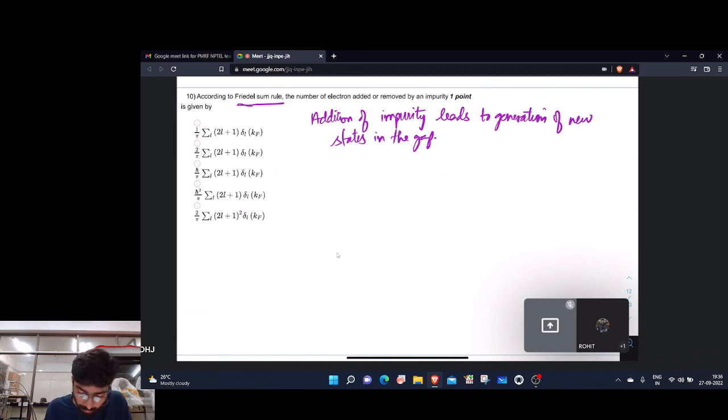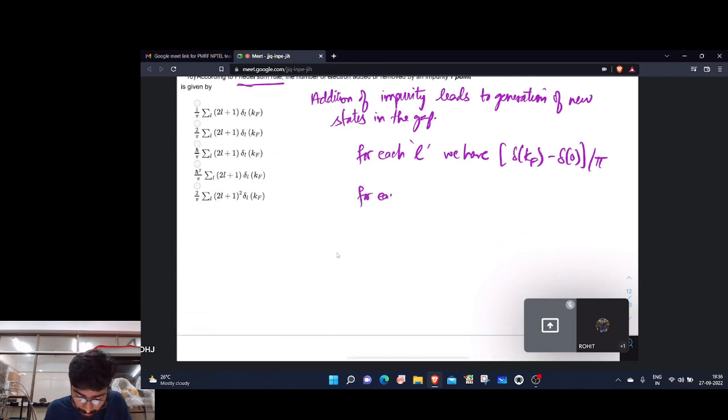So also for each L, that is the angular momentum quantum number, we have the shift of del kf, that is the Fermi wave vector, minus delta 0, the difference. This is the phase shift for each L, and also for each L we have 2L plus 1 magnetic quantum number level degeneracy.